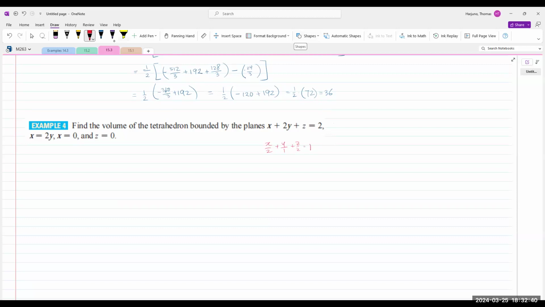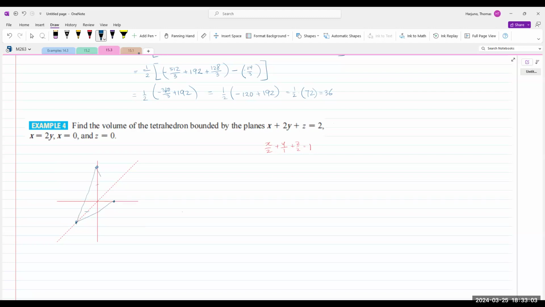Okay, so in 3 dimensions, the x component will be 2, the y component will be 1, the z component will be 2.